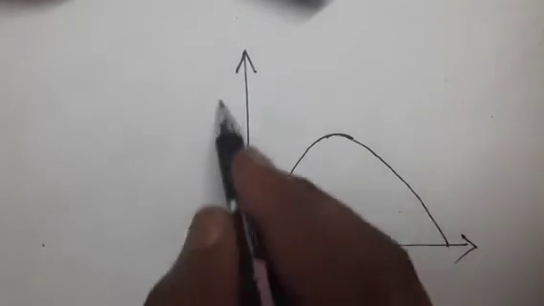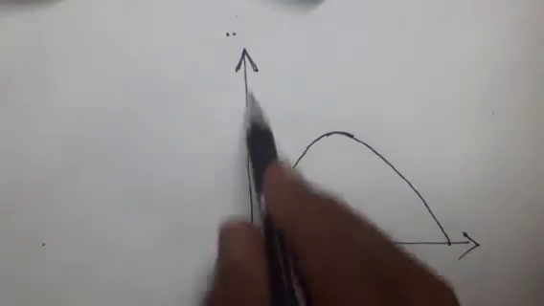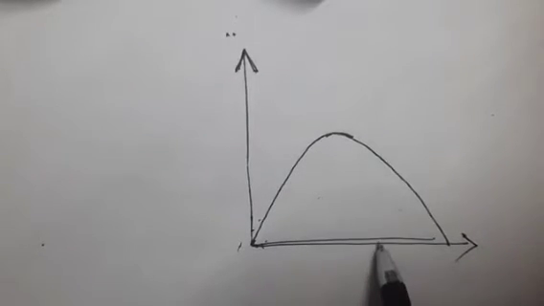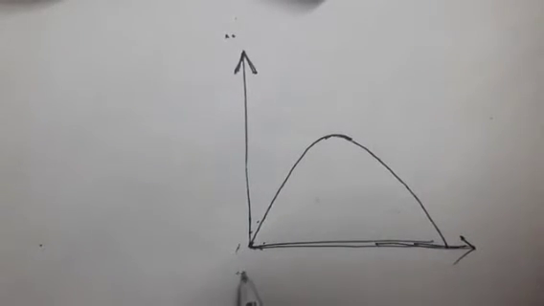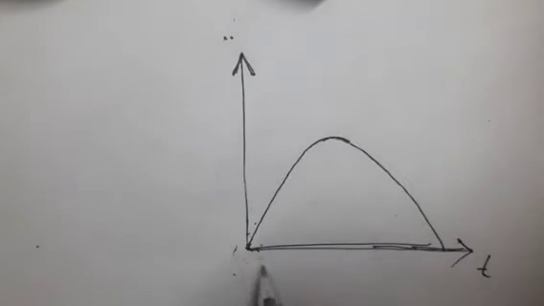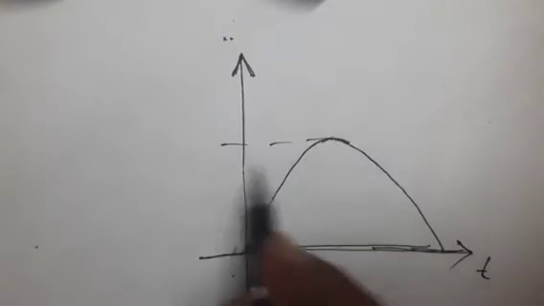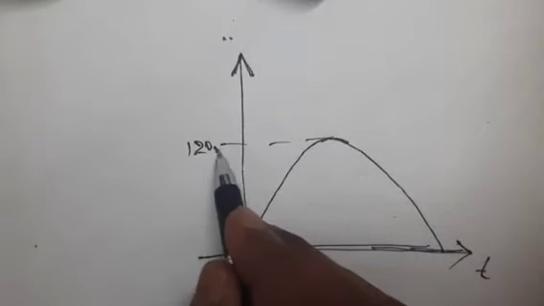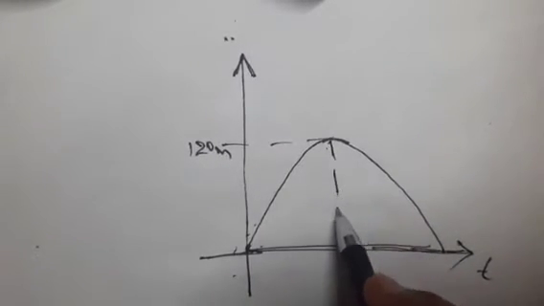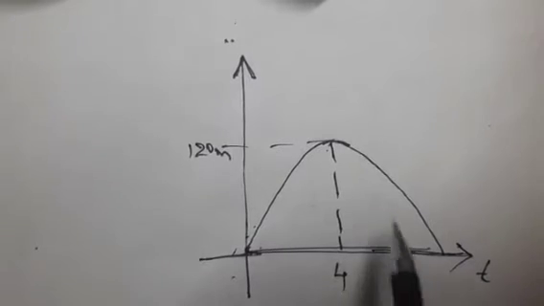This is vertical motion. The vertical height is denoted by the vertical axis, and the horizontal axis gives us the time period. This is given in the question. The maximum height achieved is 120 meter, that is in the first 4 seconds.